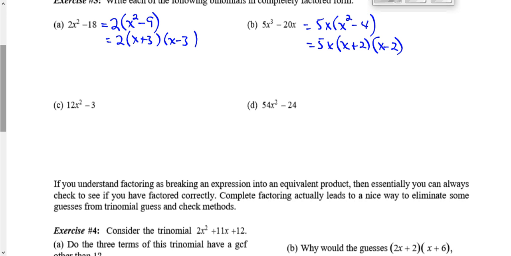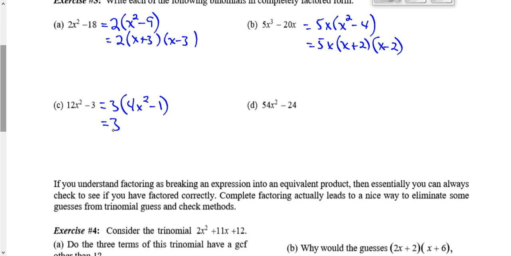Start with the numbers. What number could I divide 12 and 3 by? It would be 3? Okay. So it's 3 times what? 3 times 4x squared minus 1.